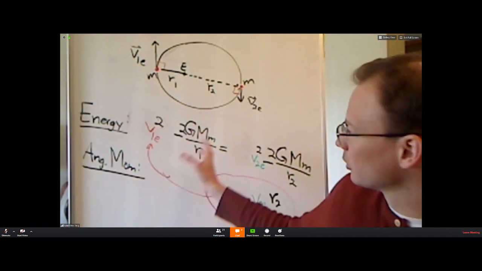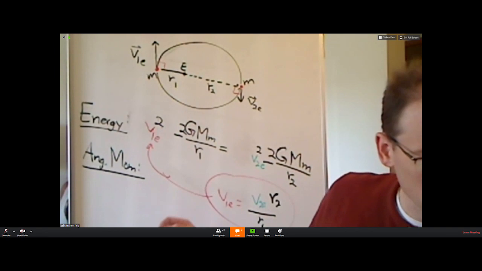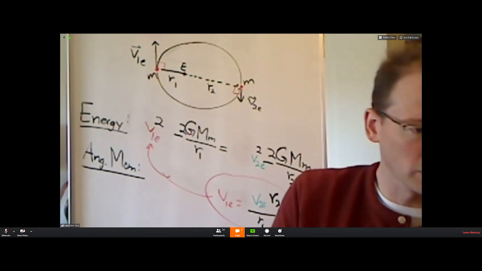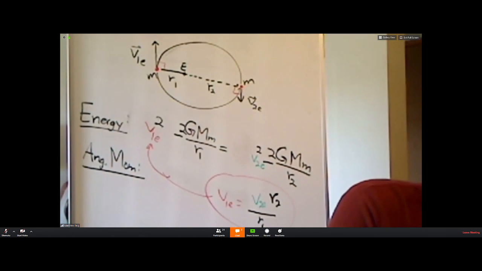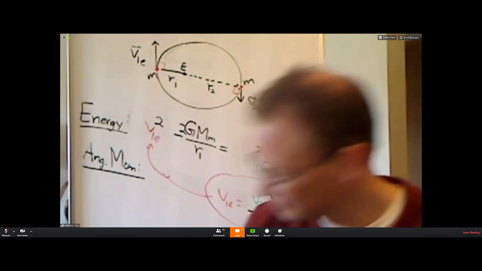Here are the results for the V's. Of course, they're very similar formulas for V1E and V2E. The only difference is where R1 shows up and where R2 shows up. Now you can write this a couple different ways. I'm going to write it like this.